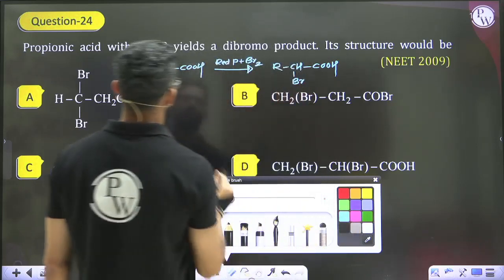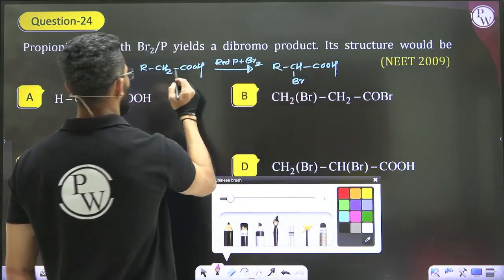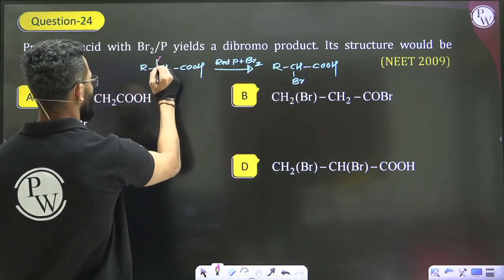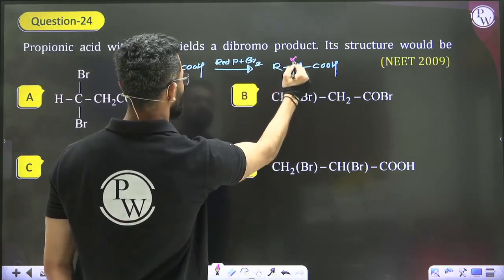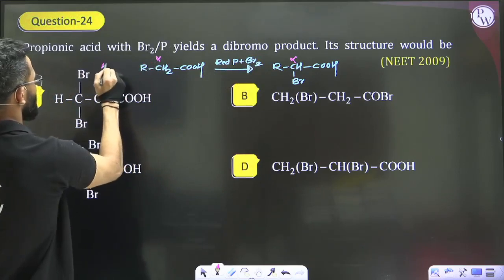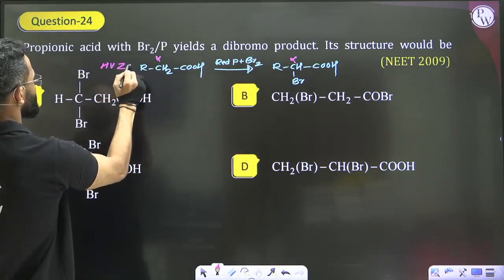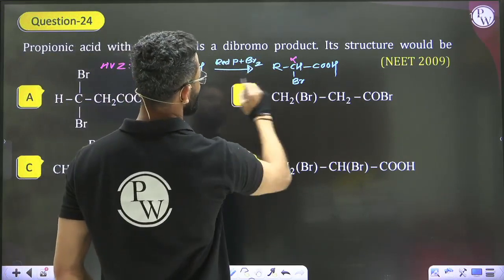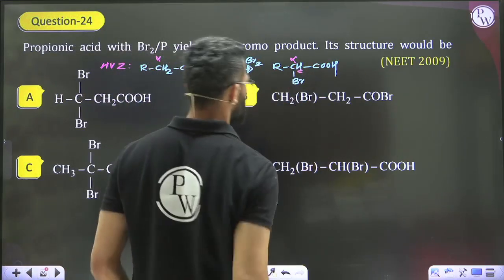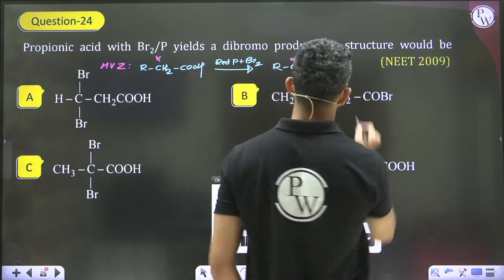You can see red phosphorus plus bromine upon reaction with carboxylic acid carrying alpha hydrogen atom undergoes alpha halogenation. This reaction is known as Hell-Volhard-Zelinsky reaction. And if you use this reagent in excess, remaining H will also be substituted by the halogen given.